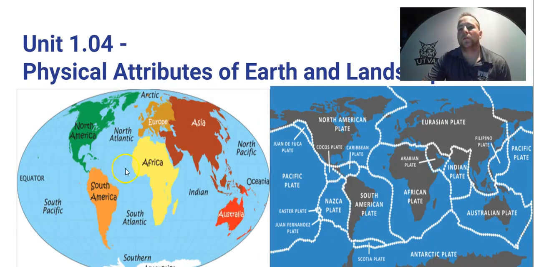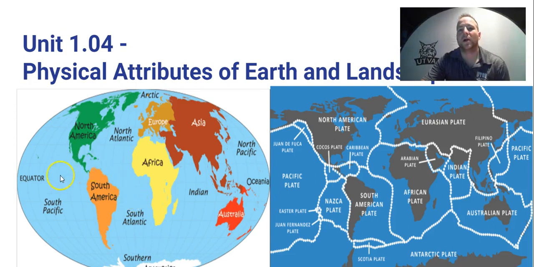Okay, then we're going to go over our physical features, different continents and areas like that. I did talk about the plates, and we're going to get to those in a second. That's on our right. But we've labeled these different areas as they moved out from Pangaea. So we have our 7 different continents: North America, South America, Europe, Asia, Africa, Australia, and Antarctica.